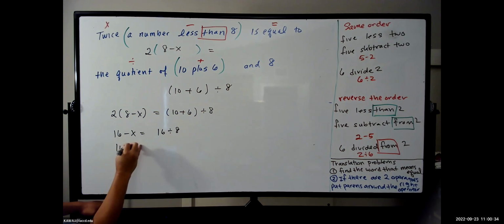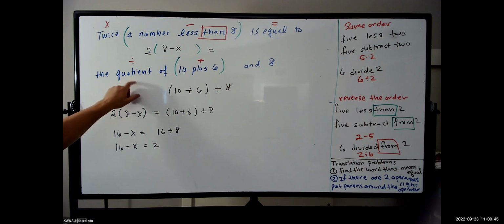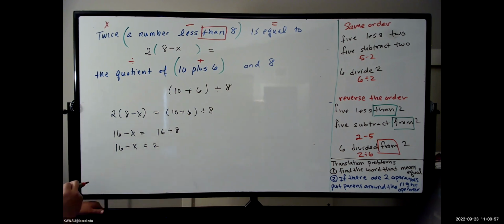How did you know to divide the 8? Because when it says and 8, I just assumed plus 8. Oh, so remember that quotient means divide. I was thinking and means plus, usually.